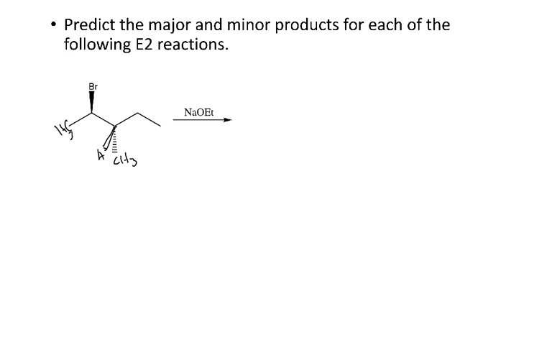So the first product I can make, if I pull off one of these guys, is going to give me this product, and then right, I've got two methyls coming off here, two hydrogens coming off here, so I don't have to worry about cis and trans isomers.